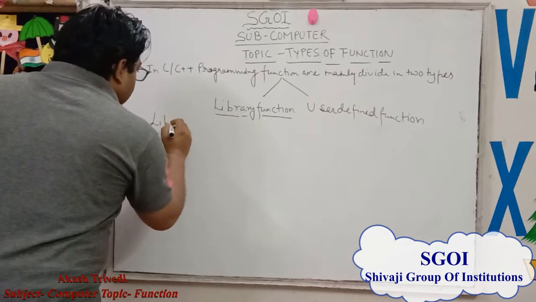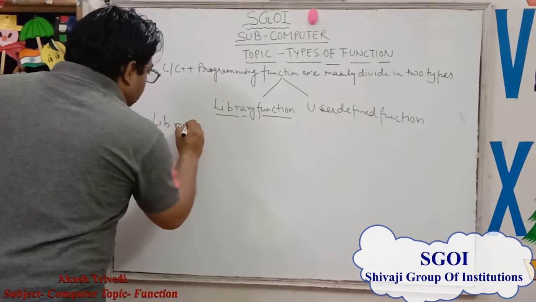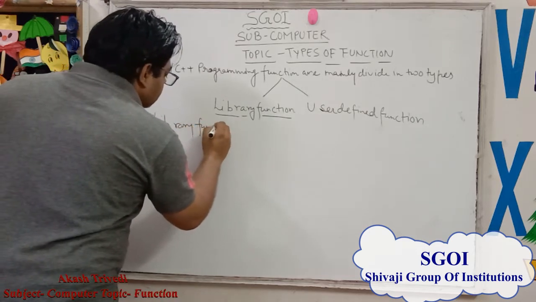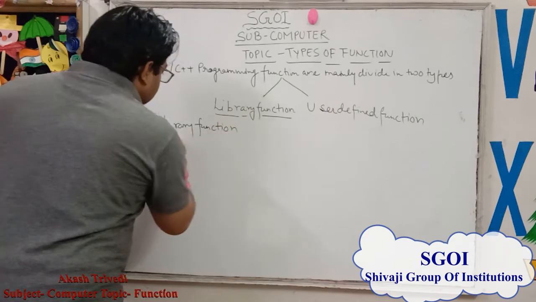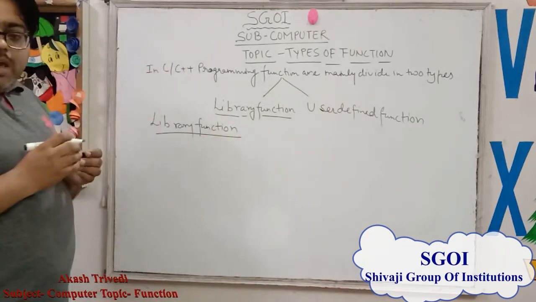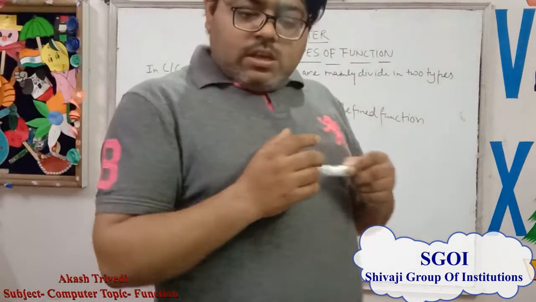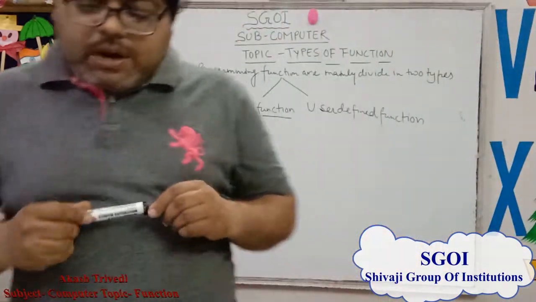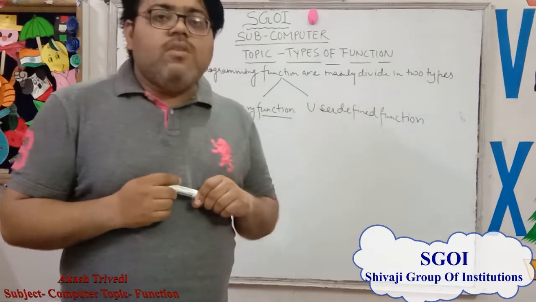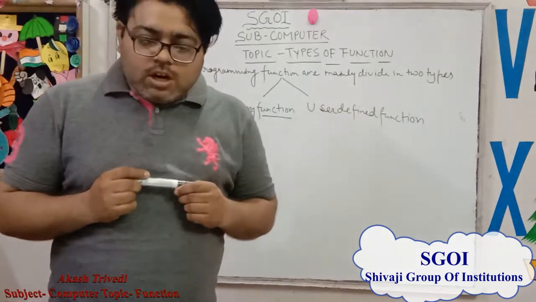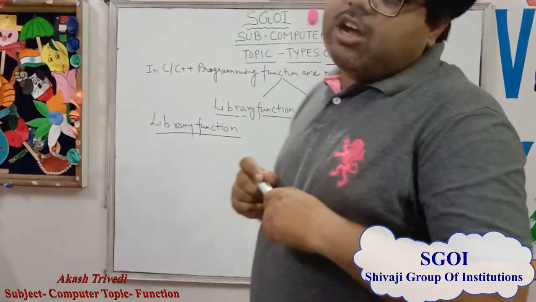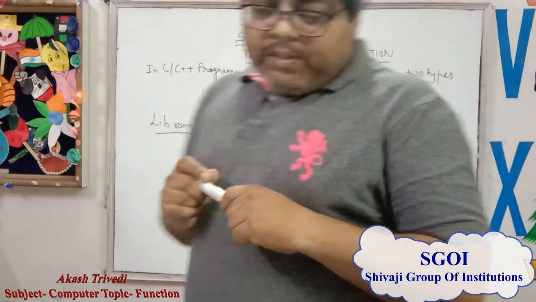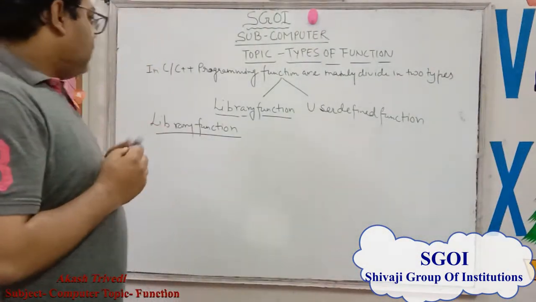Firstly we understand library functions. Library functions in C and C++ language are inbuilt functions which are grouped together and placed in a common place. The place is known as library.